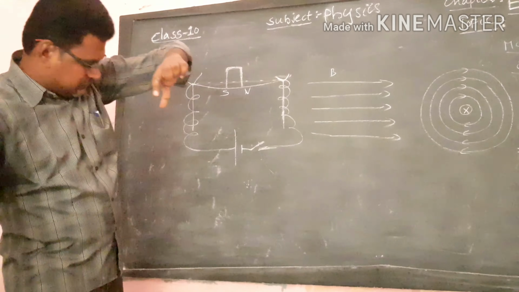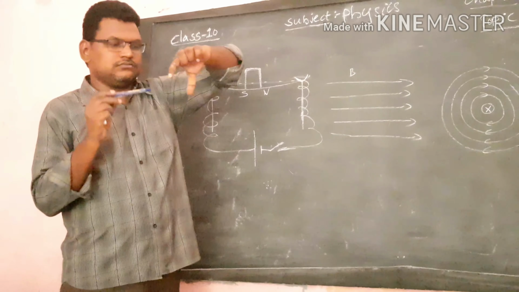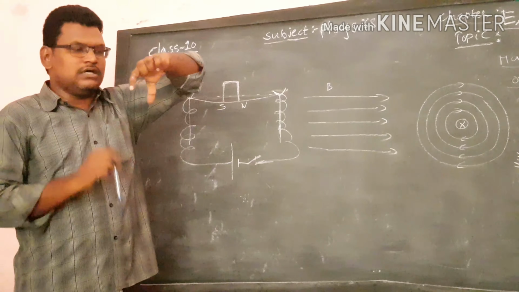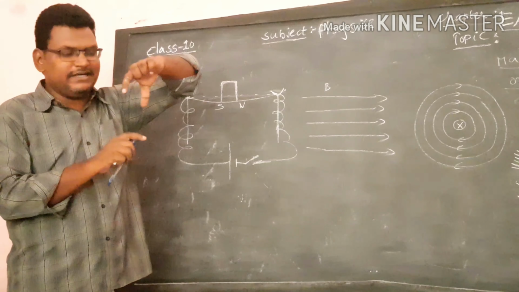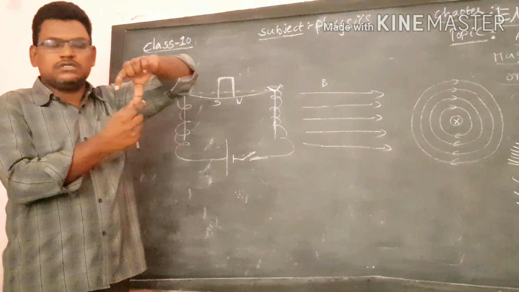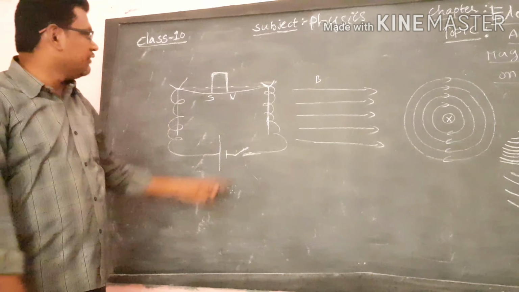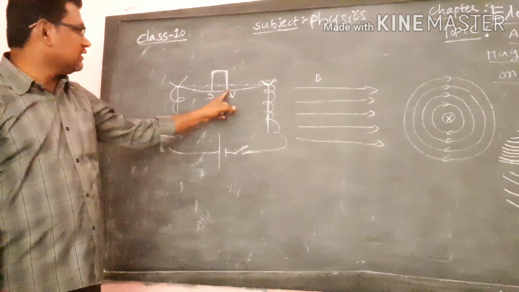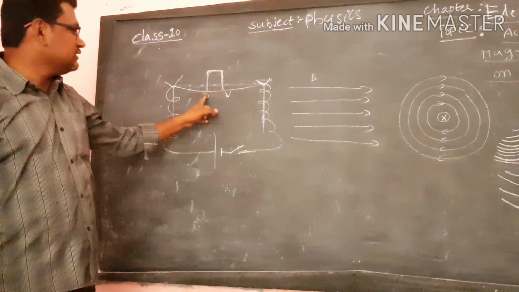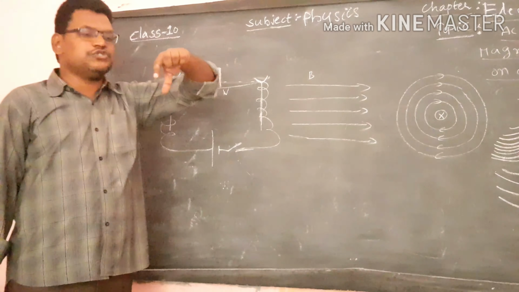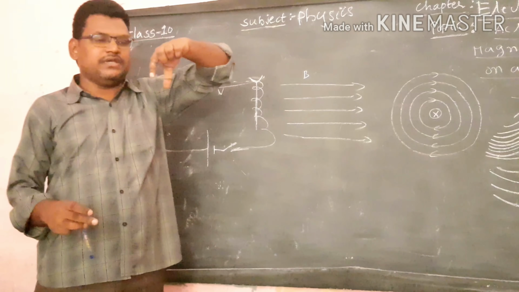The current is flowing through the wire in this way, and here there is a horseshoe magnet. This is the north pole of the magnet and this is the south pole of the magnet. So here we kept a horseshoe magnet in this way.